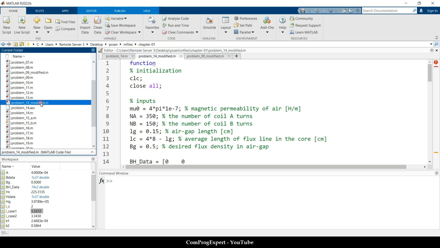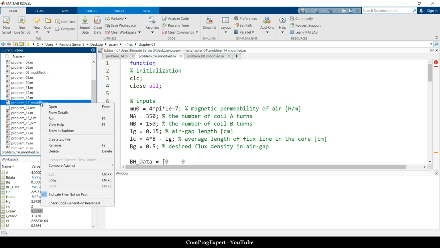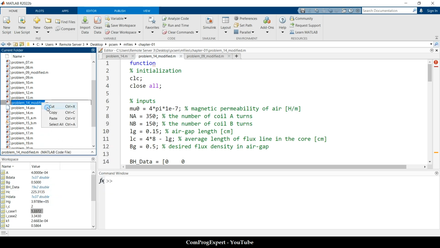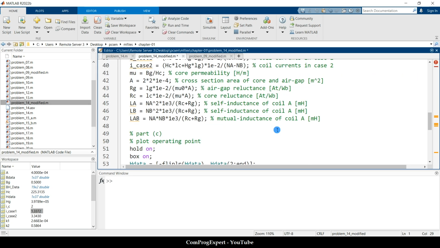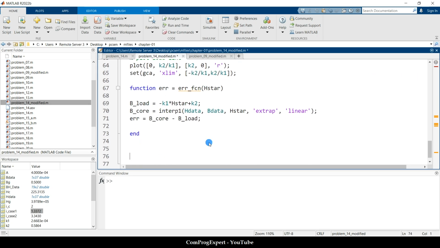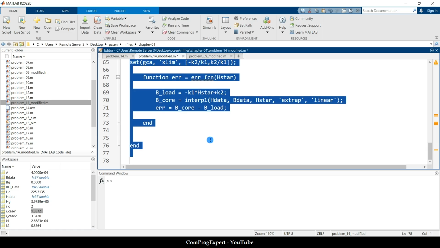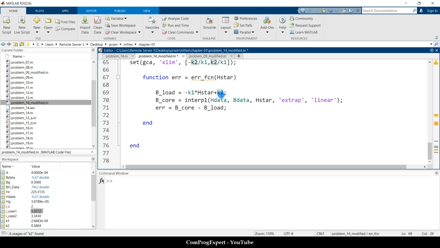The name of the function must be the same as the name of this M file, and here we can end the function. So in this case, as you can see, the color of this variable changed.